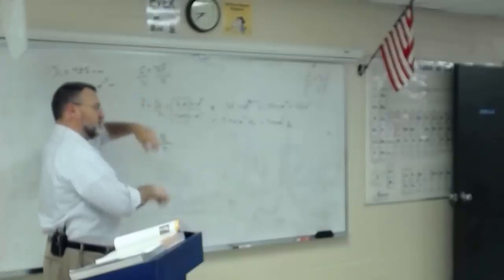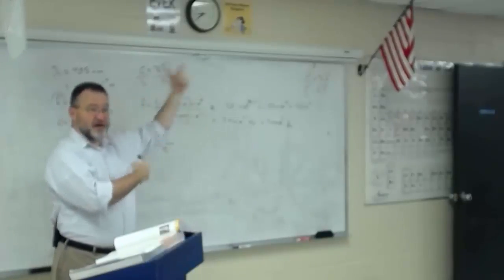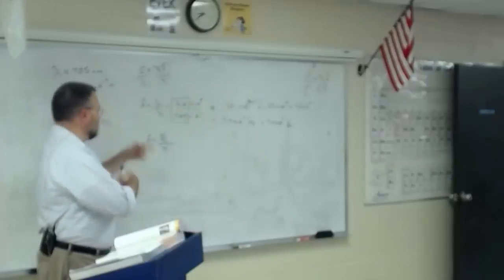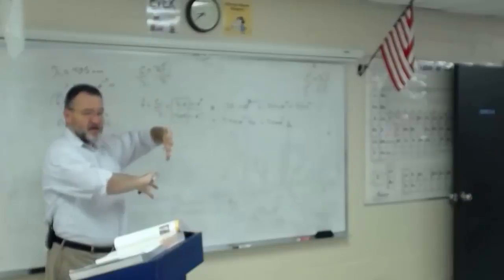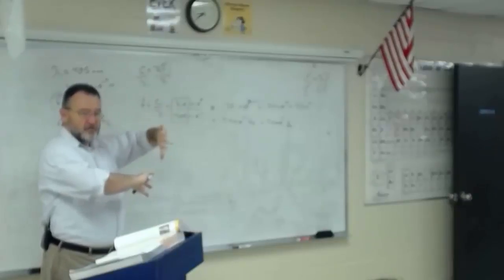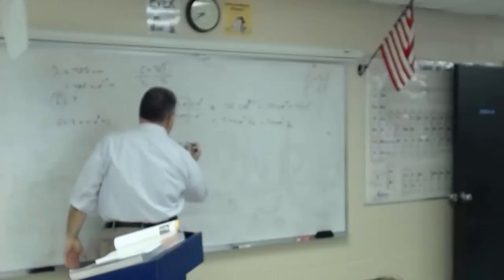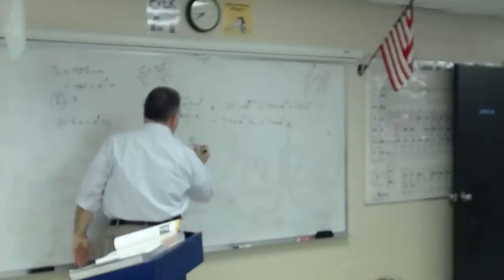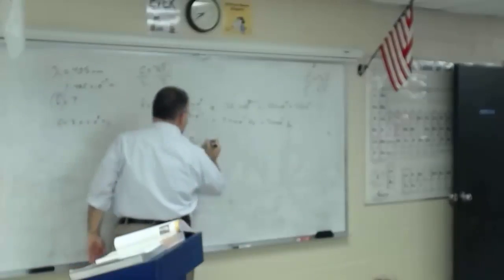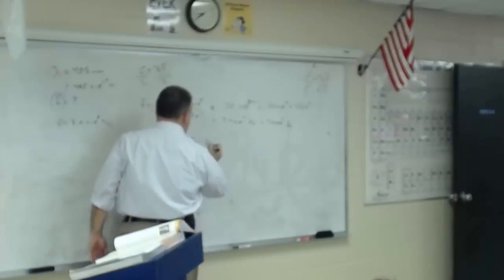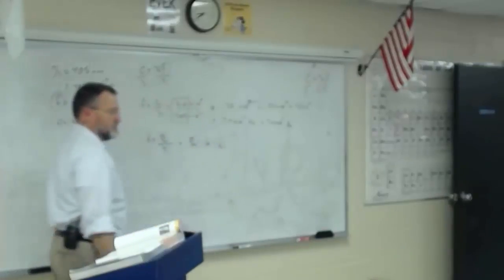2 fractions. To divide by a fraction, just like we said, to subtract a negative is the same as adding a positive. In mathematics, dividing 2 fractions is the same as multiplying by the reciprocal. So this becomes meters per second times the reciprocal of this, which is 1 over meters, and meters cancels meters to give us 1 over seconds.